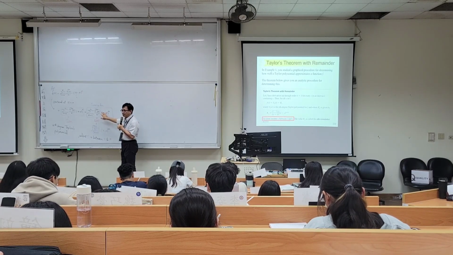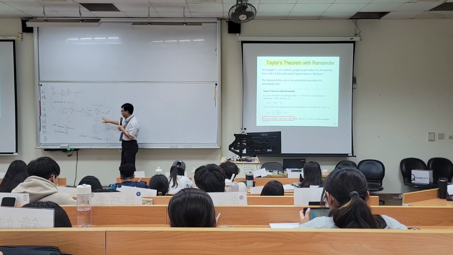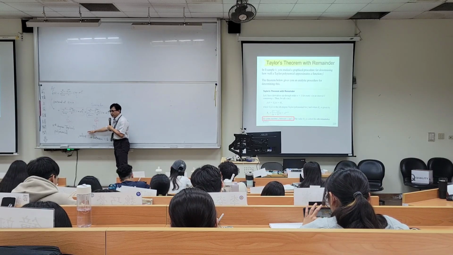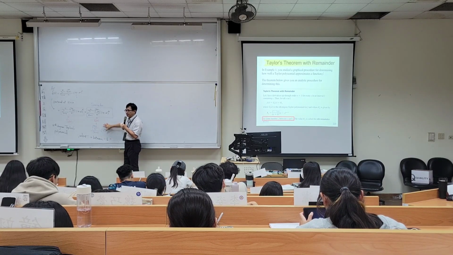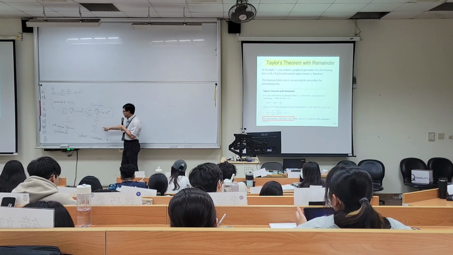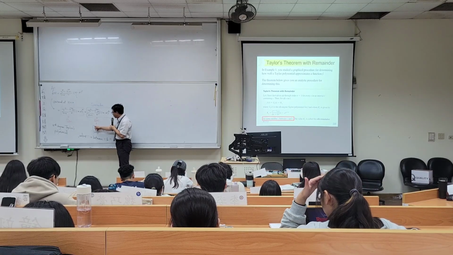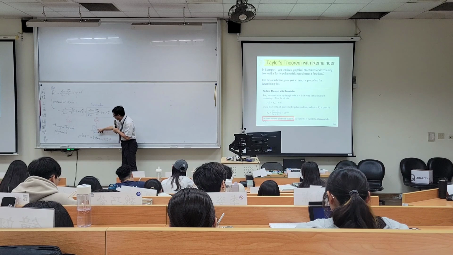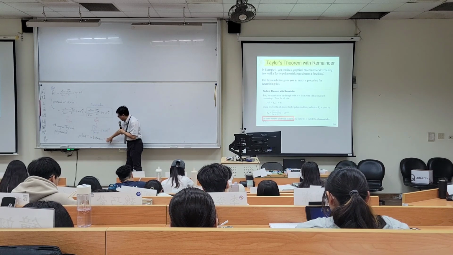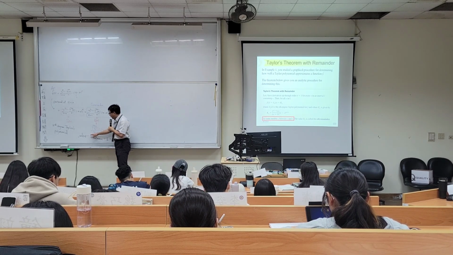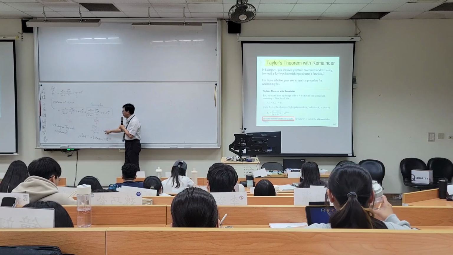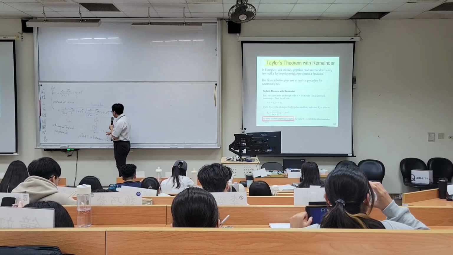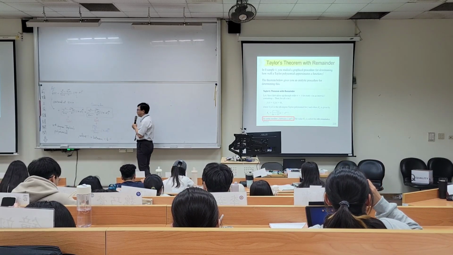However, it can be proved to be equivalent to only this term: the n plus 1 derivative plugged into the number c, which is between x and a, divided by n plus 1 factorial, and multiplied by x minus a to the n plus 1 power.